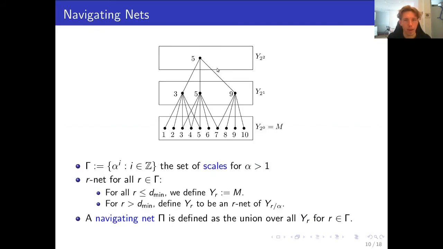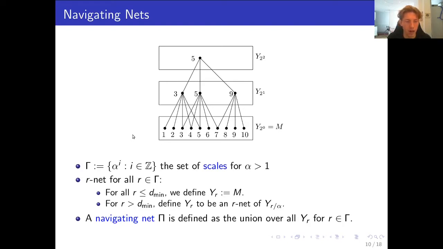Okay, and so now let's move on to navigating nets. Navigating nets are more general, and a navigating net has a set of scales which is defined as alpha to the i, where i is an integer and alpha is greater than 1. For example, in this example we set alpha to 2, and what you do is you define an r-net for all scales.